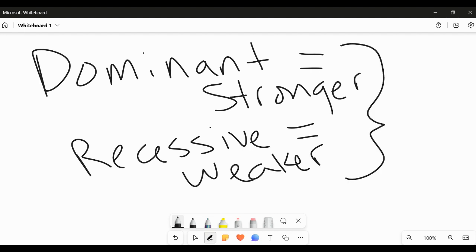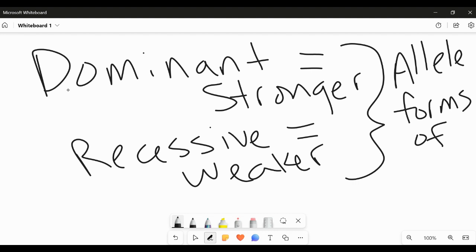So alleles are forms of a gene, either dominant or recessive.